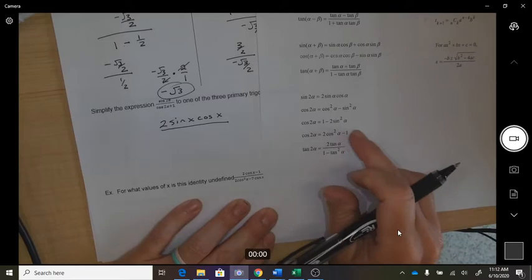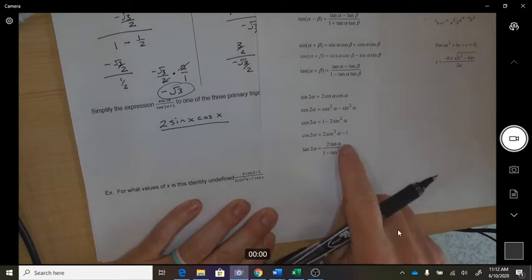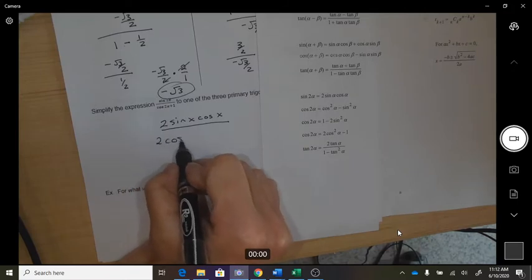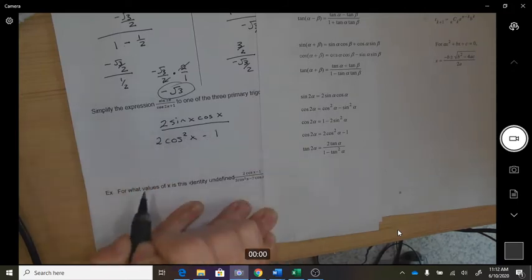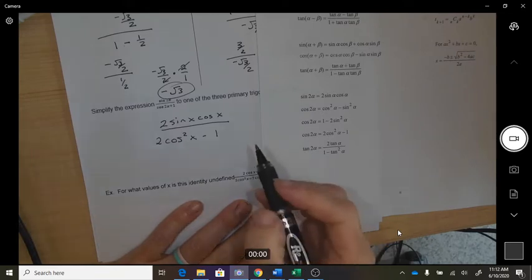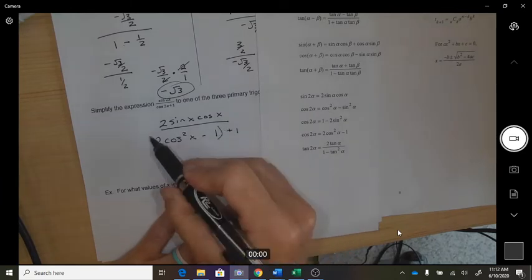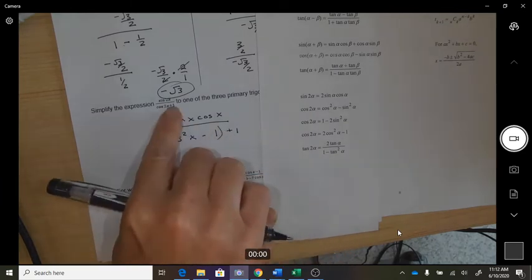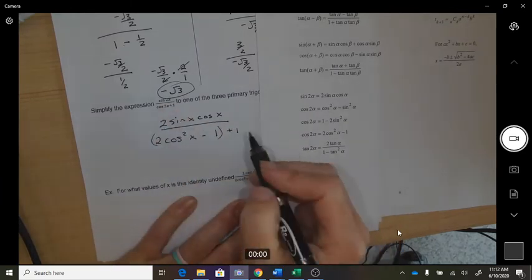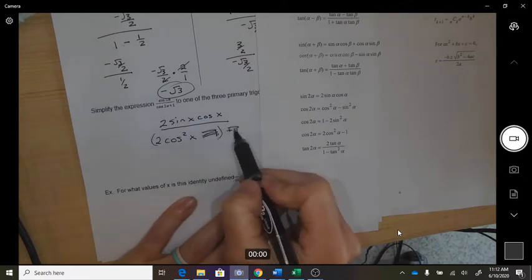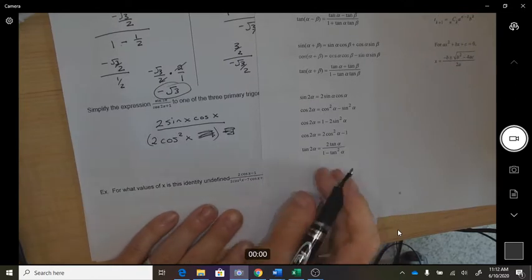Okay, so I am going to be picking this one. So 2 cos squared x minus 1. And then I also have a plus 1. Okay, so I replace that, but then don't forget you still have the plus 1. Okay, so algebraically a minus 1 and a plus 1 would disappear.